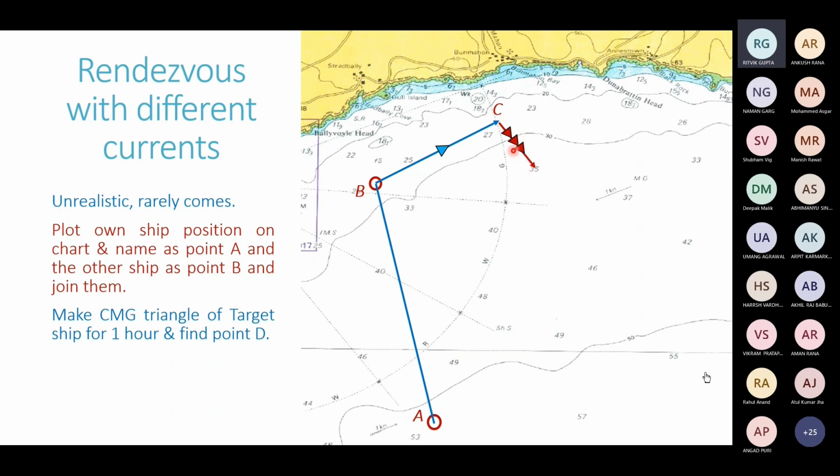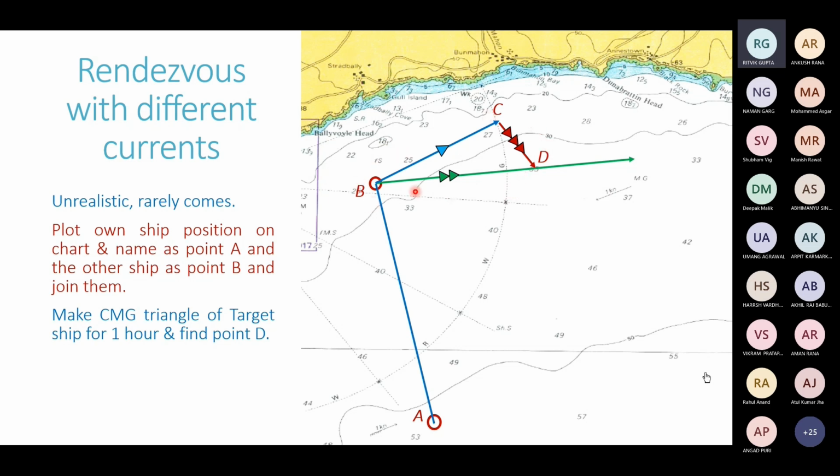Wherever this vector is ending, let's name that point as point D. Now, if we join Bravo to Delta, this Bravo Delta basically gives us the course made good by the target ship. So this completes the course made good triangle of the target ship.